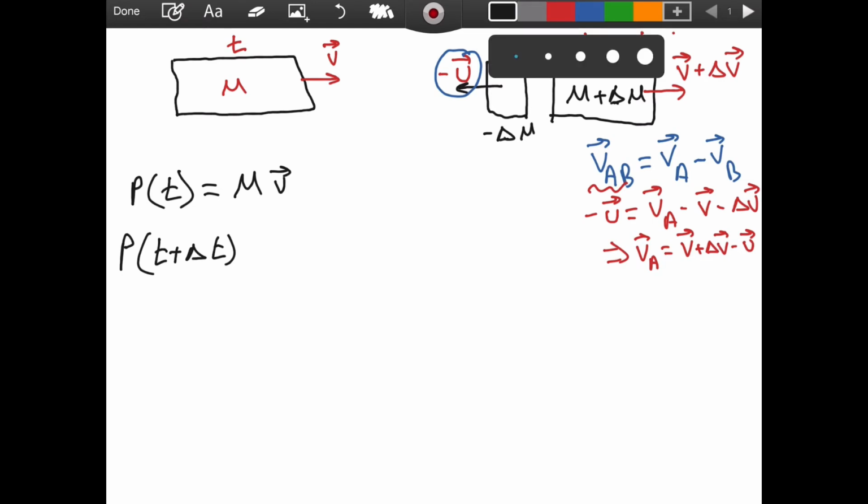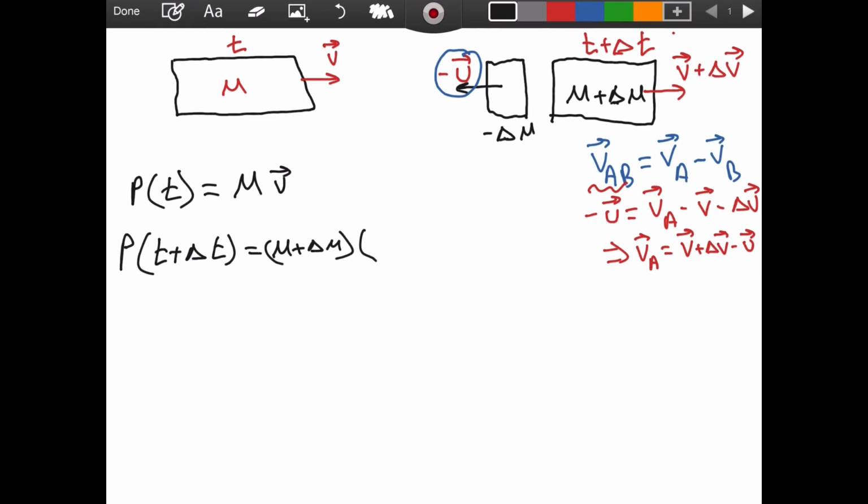Now we are ready to write the momentum at t plus delta t. This momentum is going to be equal to? Well, we can add the momentum of two objects separately. So we will calculate the momentum of our rocket first. What is its momentum? Well, its momentum is m plus delta m. This is its mass at time t plus delta t.